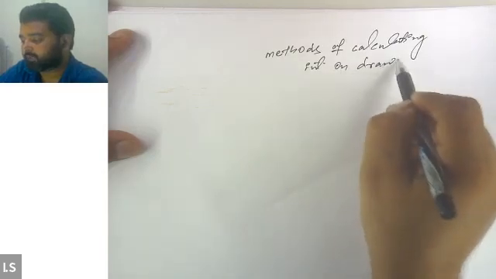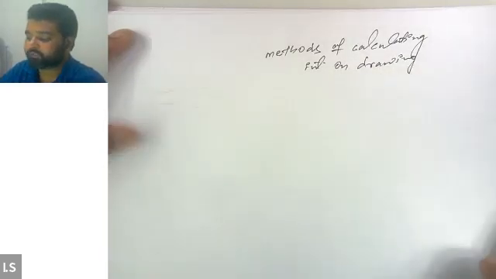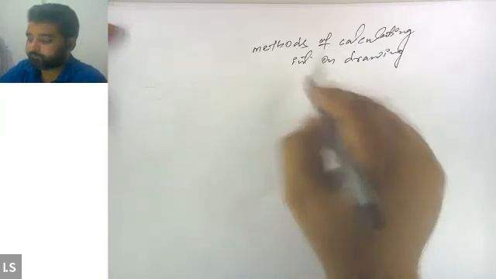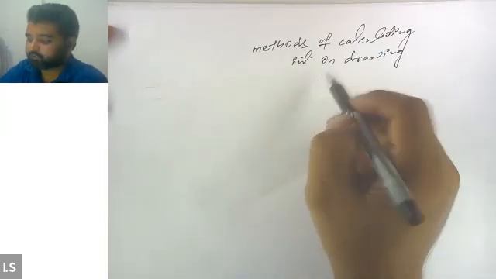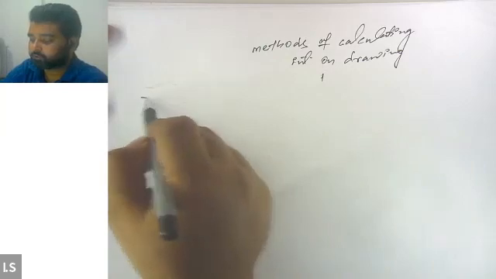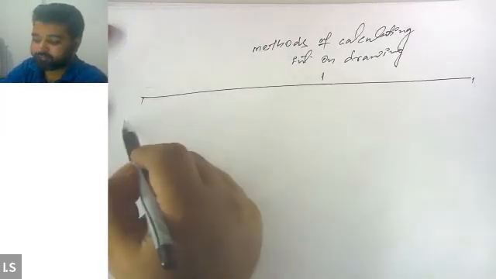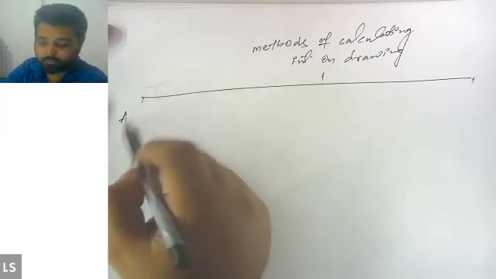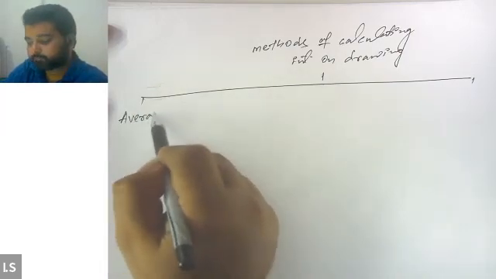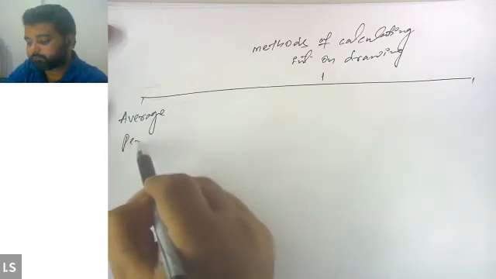Whenever drawings are made by a partner, we need to charge interest, and the calculation of that interest has two methods. One is called the average period method.